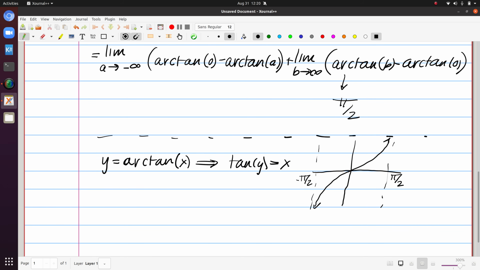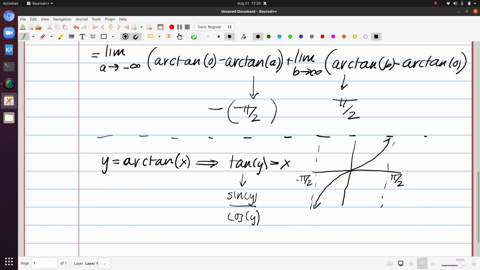I can do the same thing to get this limit over here, and we see that as the y value is approaching minus infinity, the x value on the tangent graph is approaching minus pi over 2. And alternatively, we could have gotten there by thinking of tangent as sine of y over cosine of y.